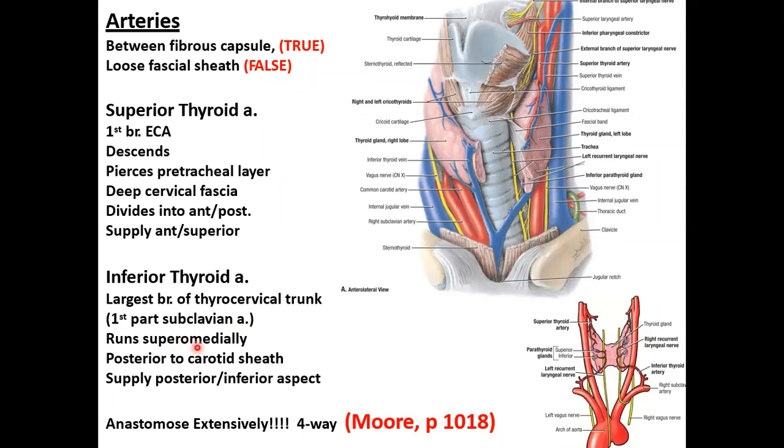It's running superomedially, so up and to the middle. It is posterior to the carotid sheath, and it supplies the posterior and inferior aspects of the gland. So the superior thyroid is going to give blood supply to the anterior and superior parts of the gland, and the inferior thyroid is going to give blood supply to the posterior and inferior parts of the gland.